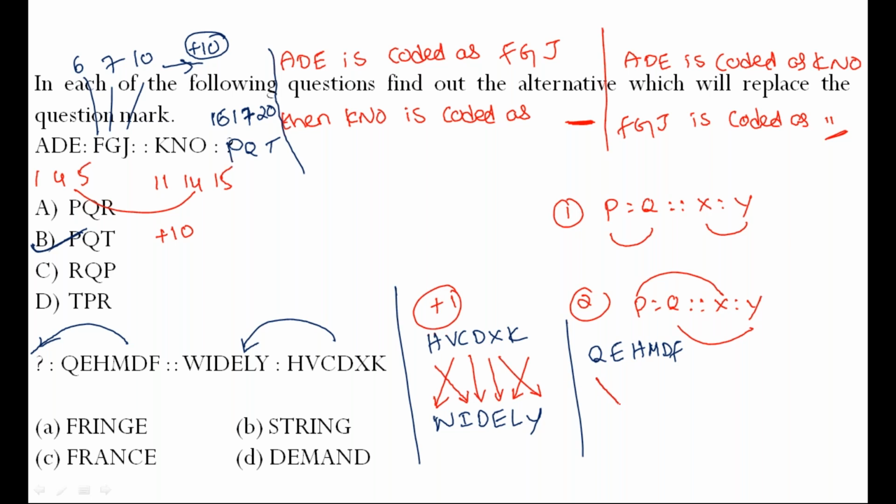The same logic applies here: swapping, middle one as it is, and you have to do plus 1, meaning the next letter. E's next letter is F, Q's next is R, H's next is I, M's next is N, F's next is G, D's next is E. So that option is correct.